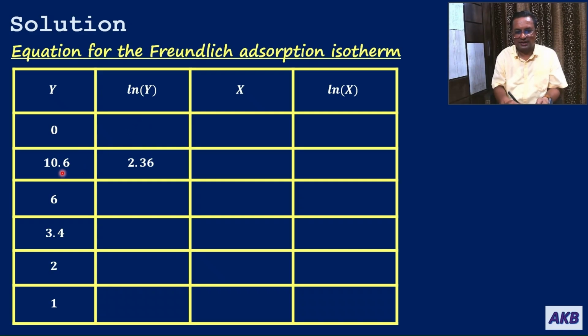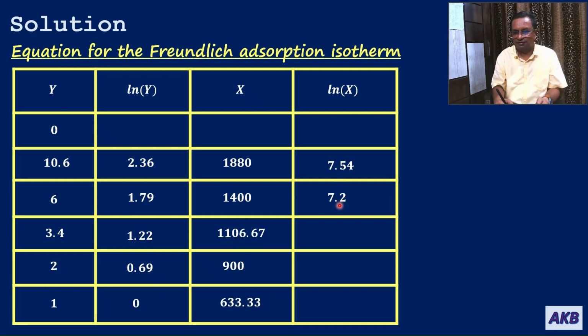That's why we are starting at the second value. So I get ln of y. Then we have different values of x that we had obtained, and then we will be getting ln of x. The graph will be obtained by plotting these values of ln of y against values of ln of x.